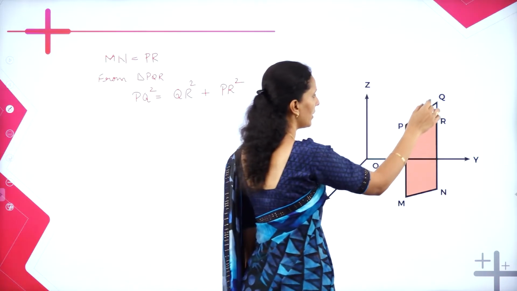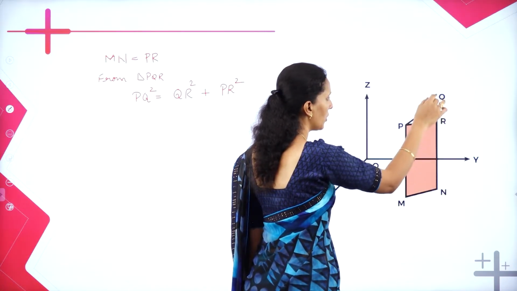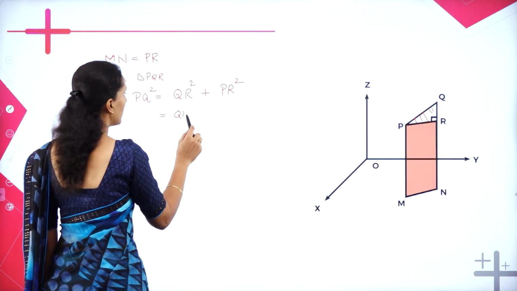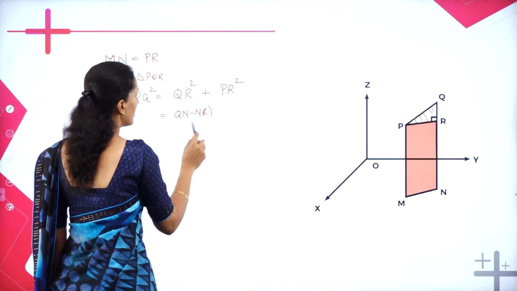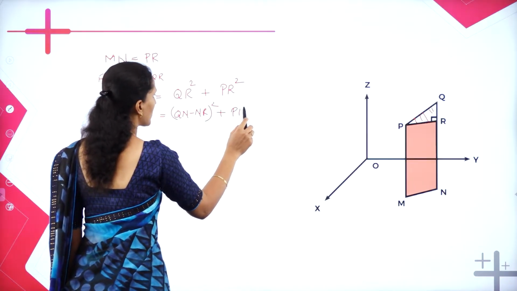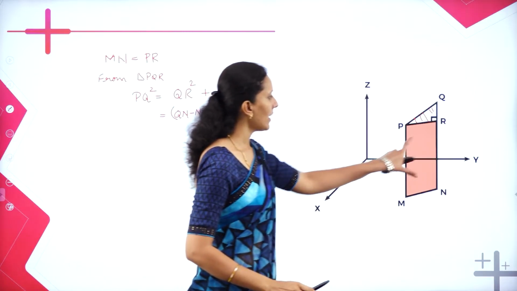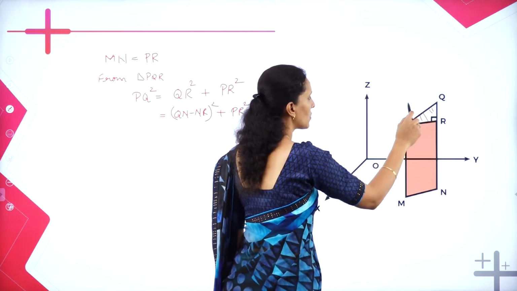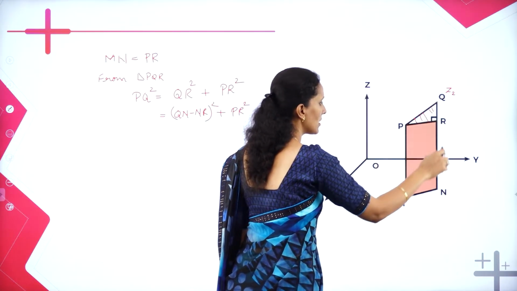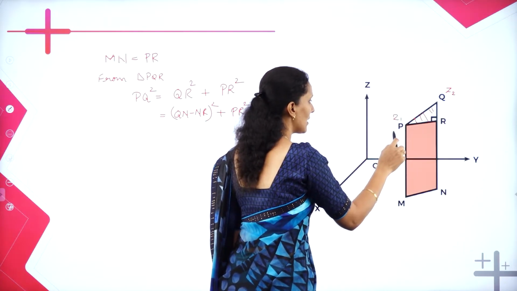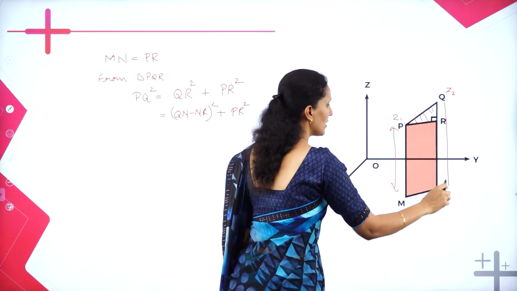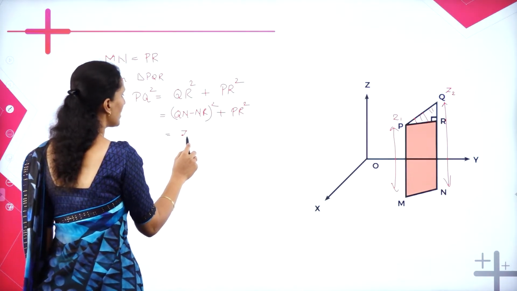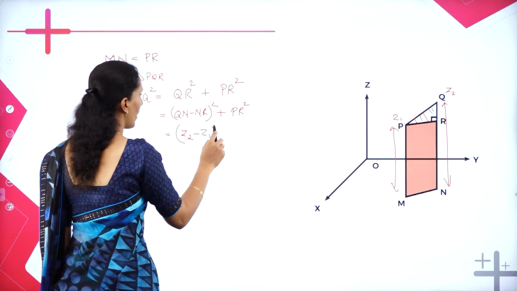The QR here is nothing but QN minus NR, square, plus PR square. This NR is nothing but PN. So you can take the coordinates of these two as Z2, this is at distance Z2, and this is at distance Z1. So this can be written as Z2 minus Z1 whole square.